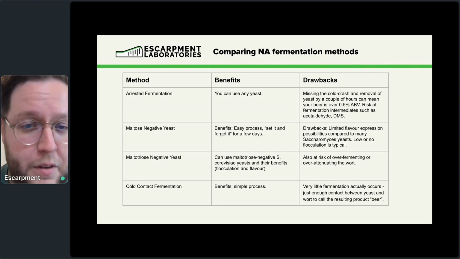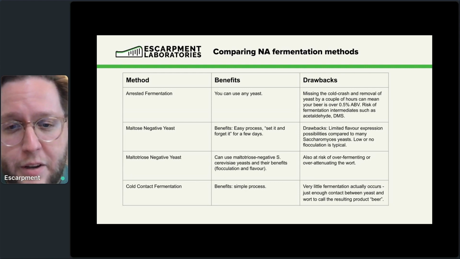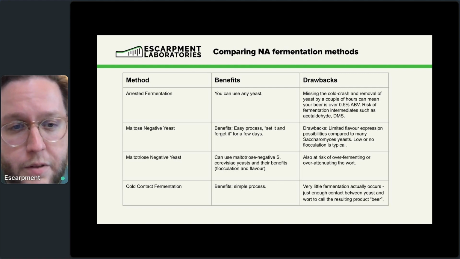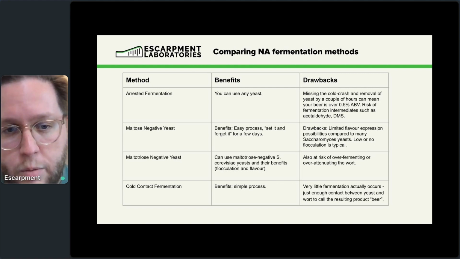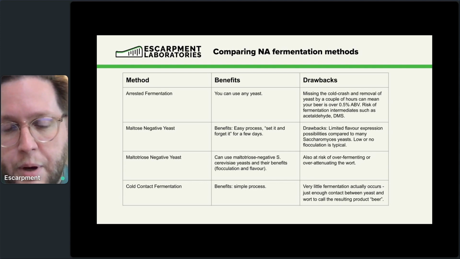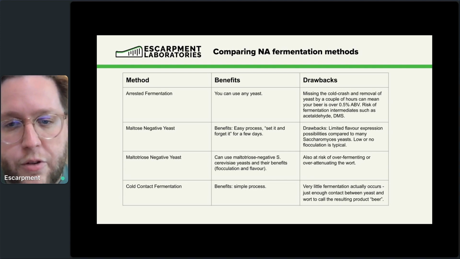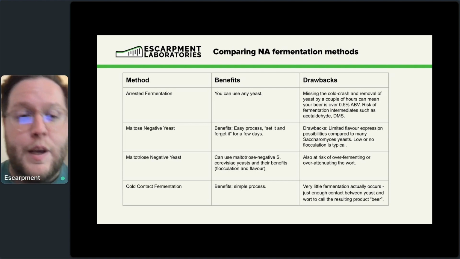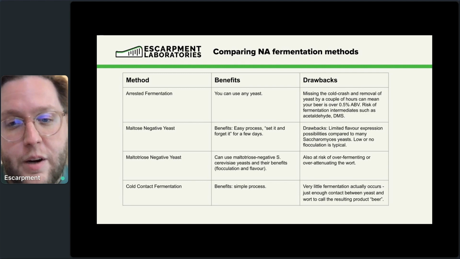Maltose negative yeast, the benefit is it's really easy. You can kind of just pitch the yeast and not have to worry that it's going to over ferment. The drawbacks are that typically these are not Saccharomyces yeast. There is now one maltose negative Saccharomyces on the market. But historically, these are usually non-Saccharomyces yeast, which also means that they don't have the same domestication benefits of Saccharomyces.